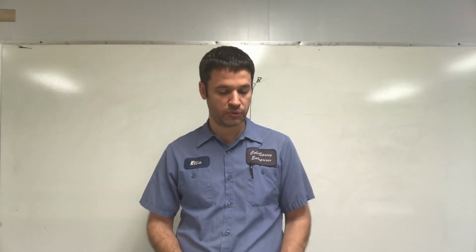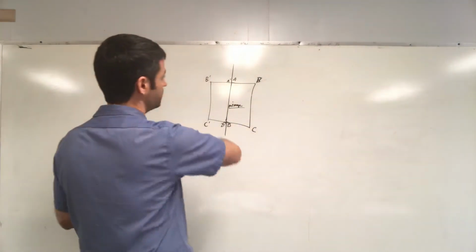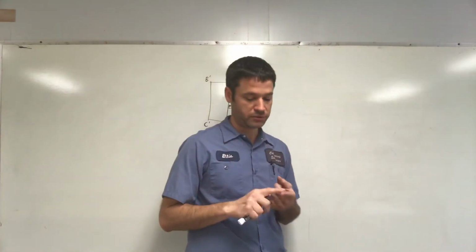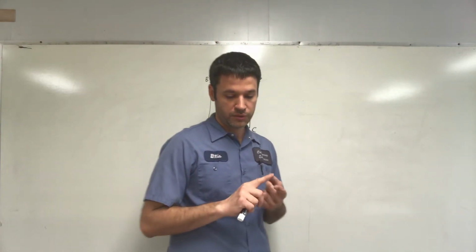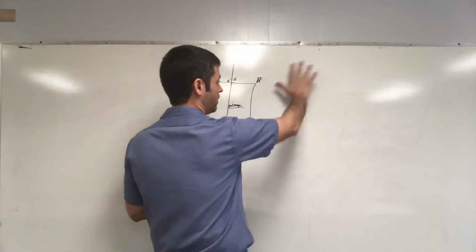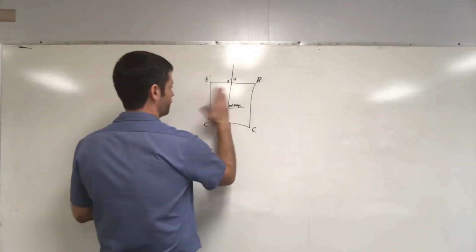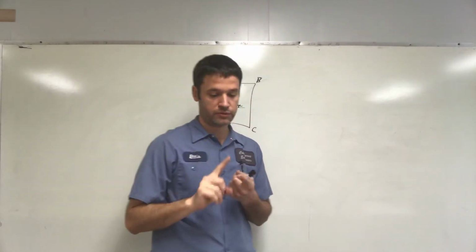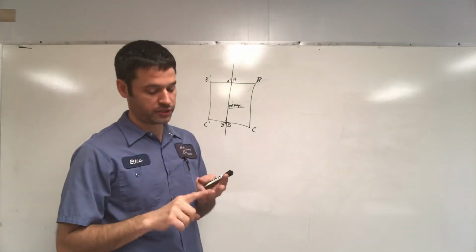So again, a couple of words, starting at the top. In general, transformation is taking a shape and changing it. Then there are different types of transformations. We talked about a translation, which is sliding it this way, a translation or a slide, a reflection or a flip, and then a rotation. All three of those, a translation, a reflection, and a rotation, are examples of isometries.